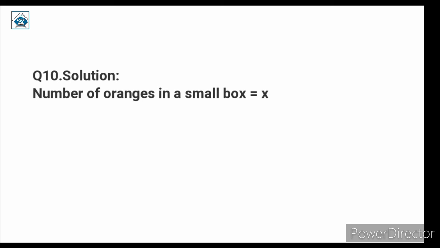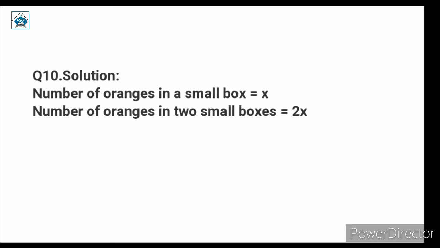And how many small boxes are there? There are 2 small boxes. Therefore, number of oranges in 2 small boxes is equal to 2 multiplied by x, that is 2x. And how many oranges are left outside? It is equal to 10. Number of oranges remained is equal to 10.